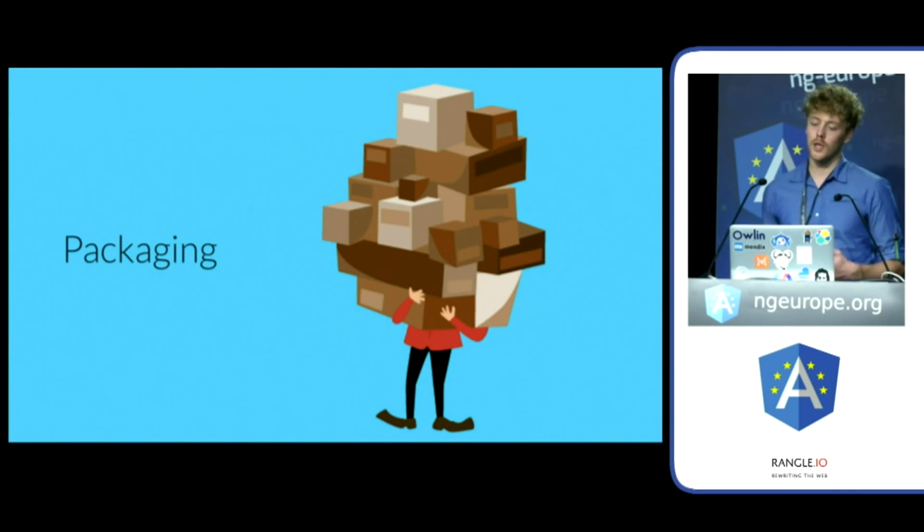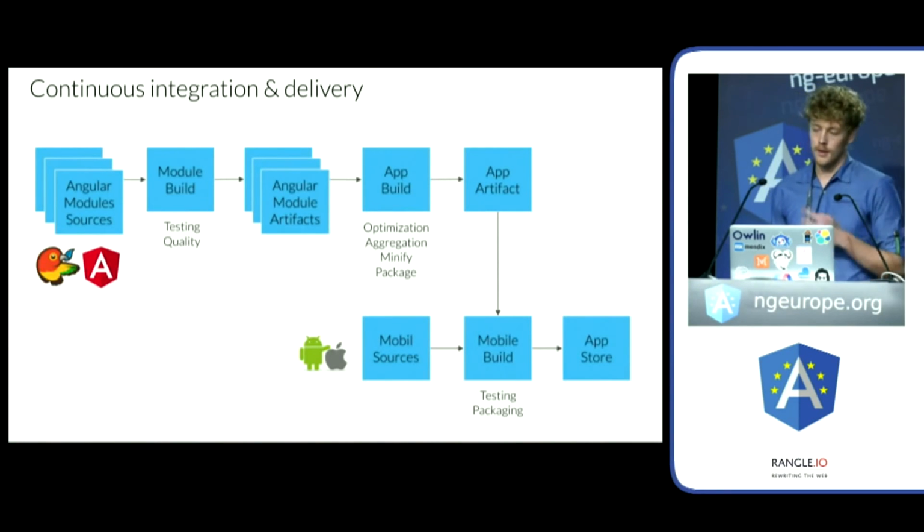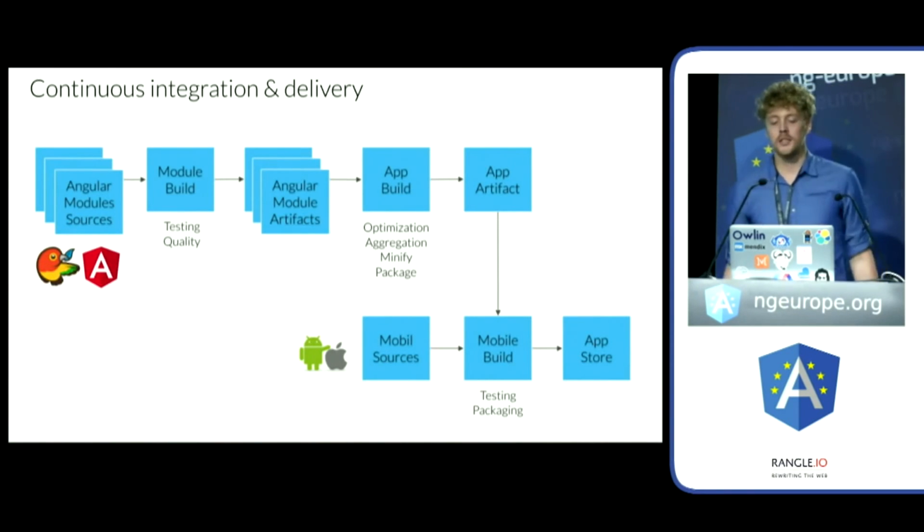To be able to do that, we had to do a lot of work on the build pipeline. ING has a very advanced build pipeline for Angular apps. The build pipeline is divided in 2 phases. We have the Angular module build, which makes sure that every module that is created and built via the pipeline is tested, and there are a lot of quality toll gates before you can even deploy it into an application.